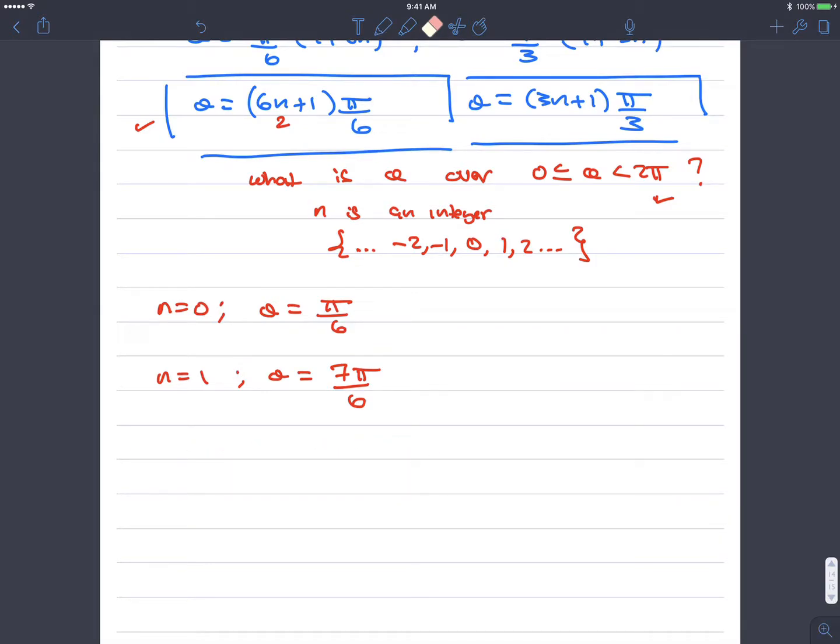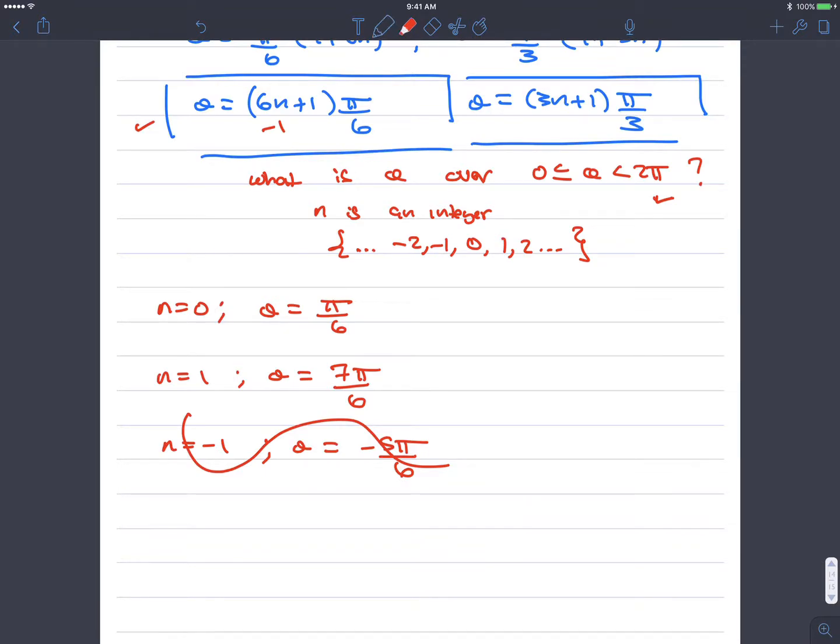Does anybody want to tell me why I'm not going to choose n being negative 1, even though I can? It's a solution. If I say n is negative 1, it's an integer. I get 6 times negative 1 is negative 6 plus 1, negative 5 pi over 6. That's a solution, just like when n was 2 was a solution. But why do I not include this one as well?